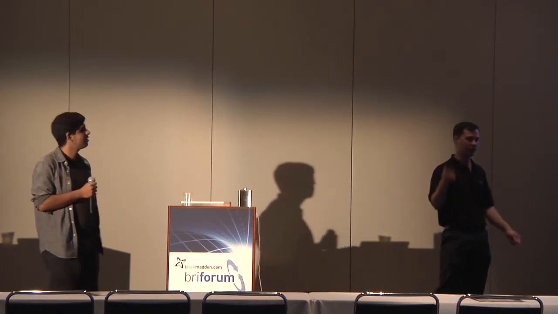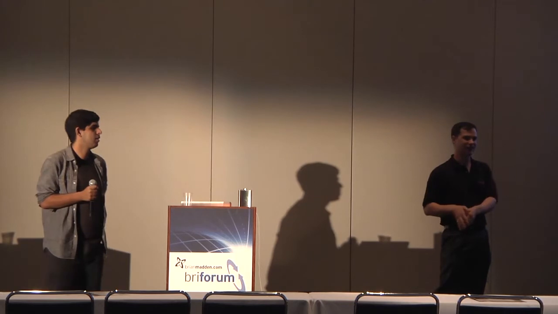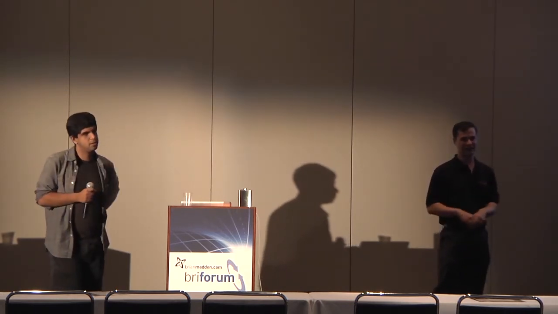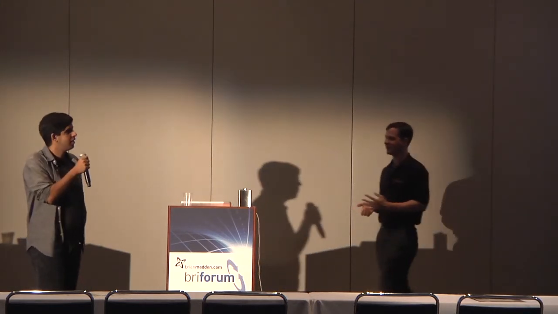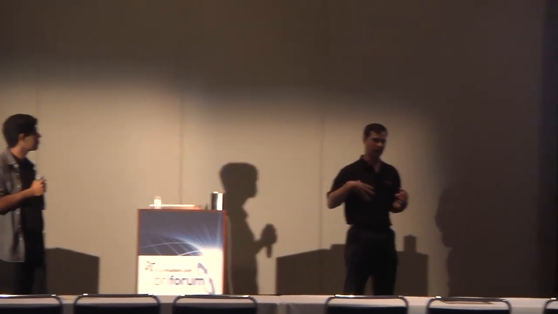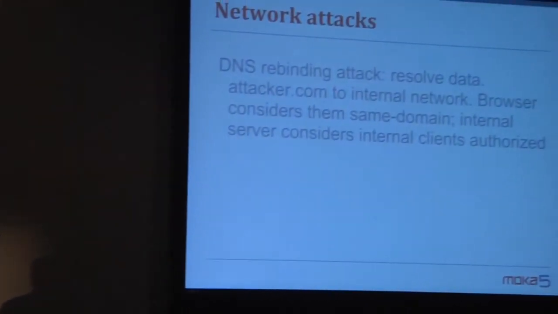Then the little JavaScript, which is fine to run, that untrusted code running in your untrusted partition can go and access various parts of your internal network. And so these types of attacks are very hard to prevent because you either restrict the functionality or you open yourself up to attacks like this.